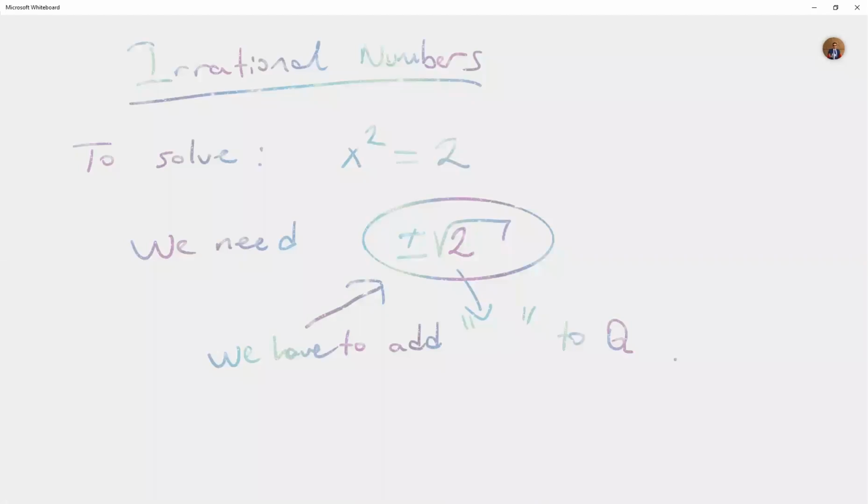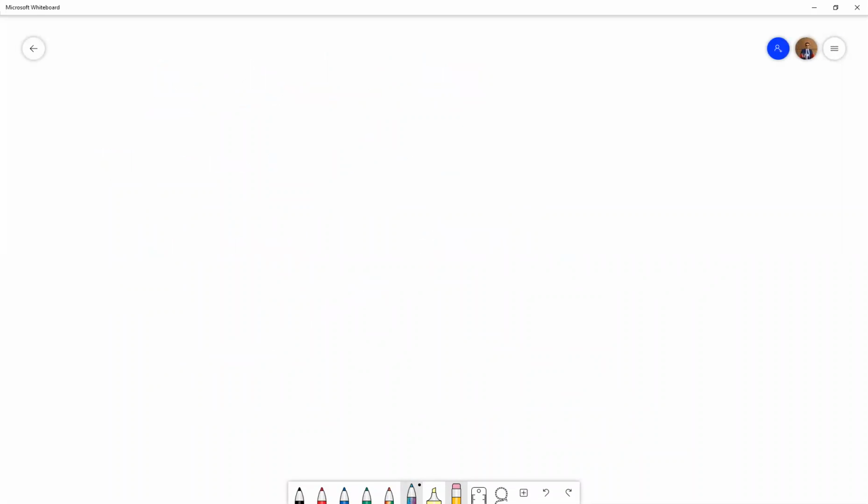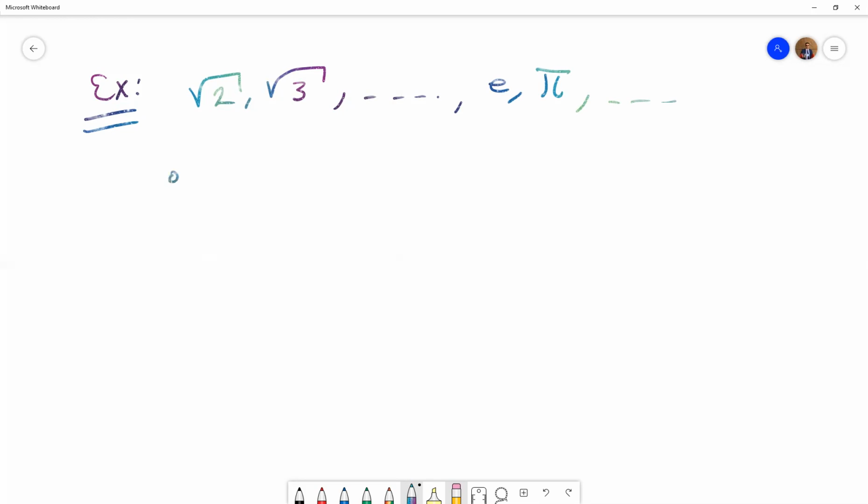Let's give an example: square root 2, square root 3, and there are lots of square roots, of course. Maybe the number e, maybe pi, you know this pi also. It's used to find the circle's area and volume. And these are called oddballs.